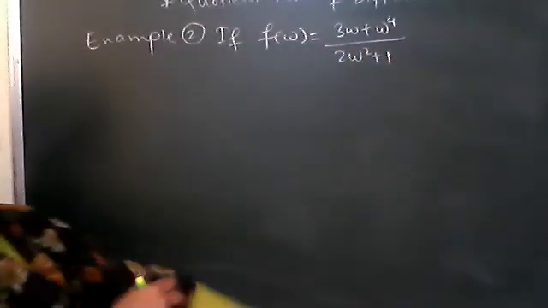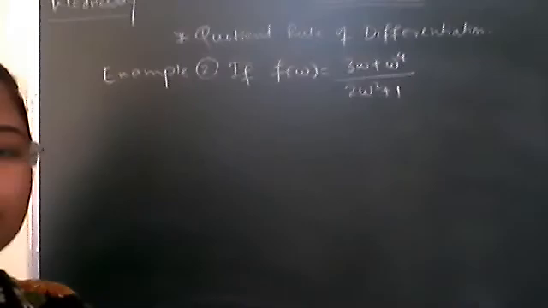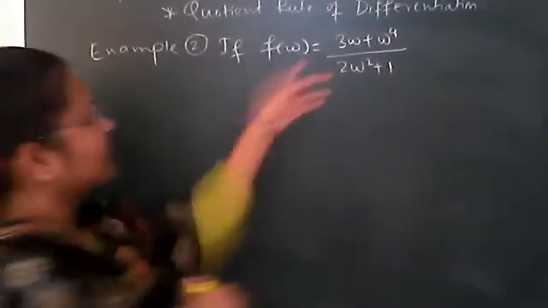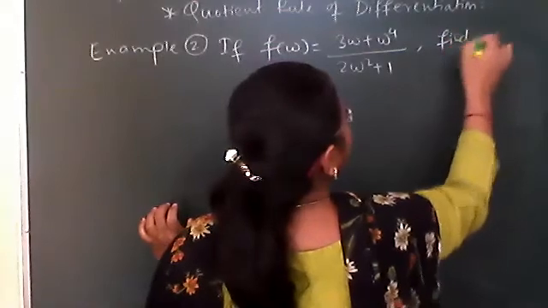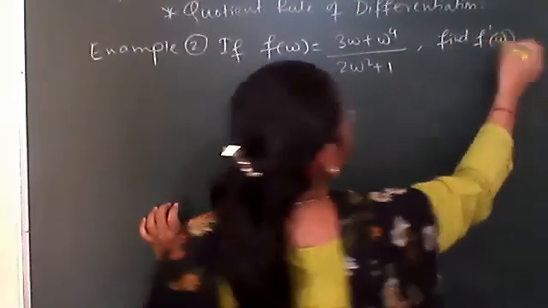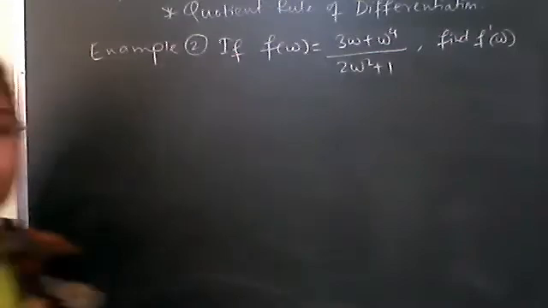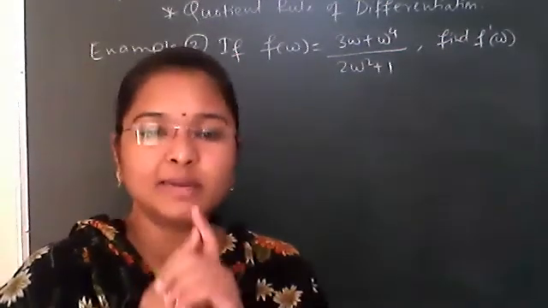If the function in the variable w is given, then we have to differentiate. Find f dash of w. Means clearly we have to differentiate with respect to the variable w only.